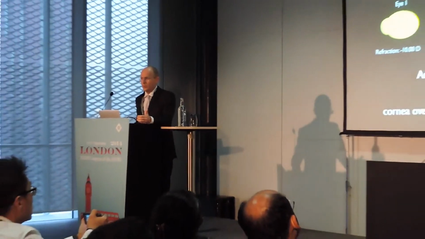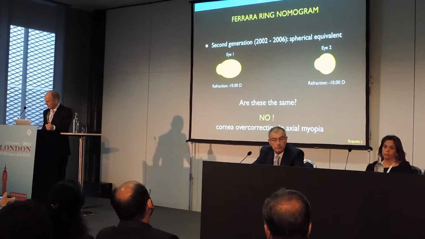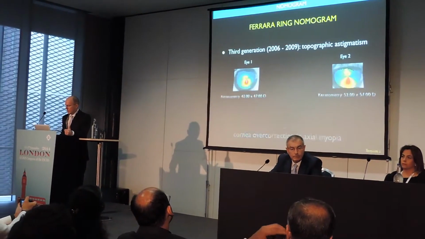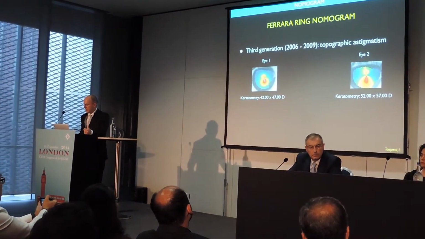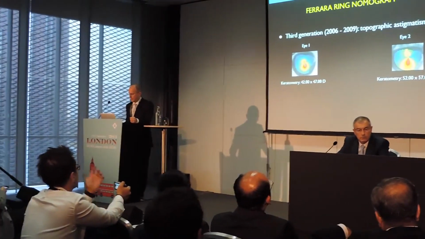These eyes are completely different because in the first case the high myopia is actual. So you should not make the same surgical plan for these two different cases. Then we move forward to the third generation of the nomogram that was based on the topographic astigmatism.